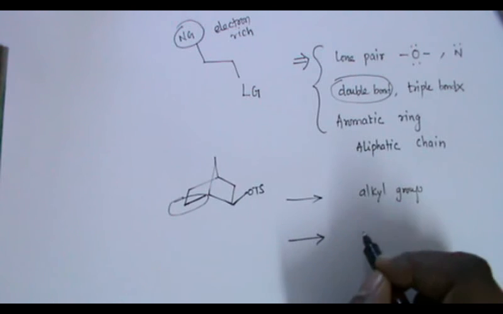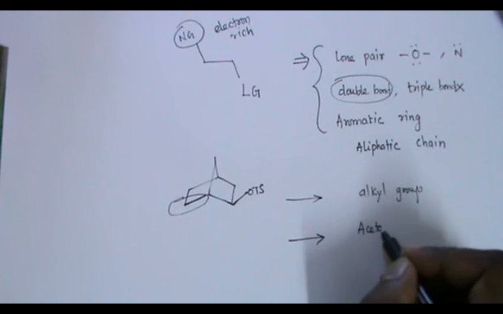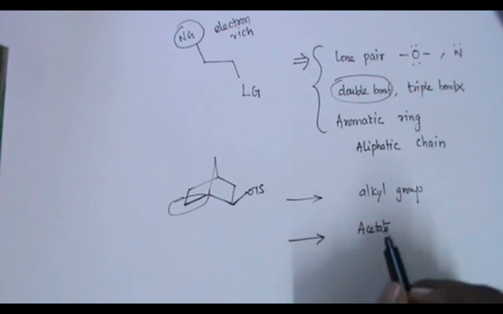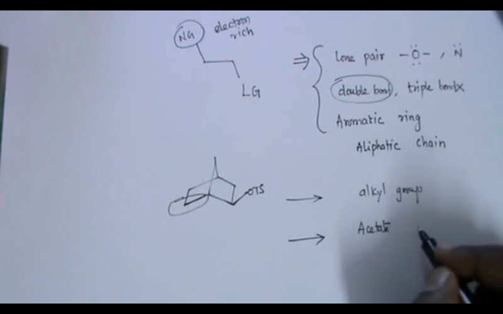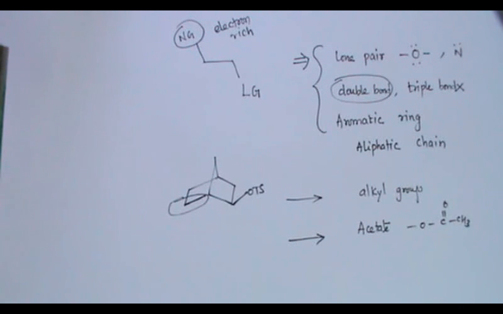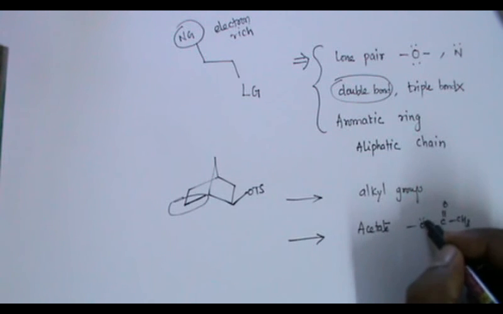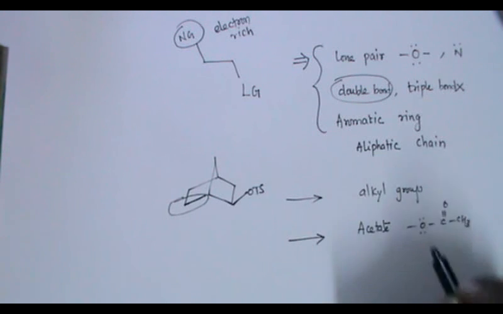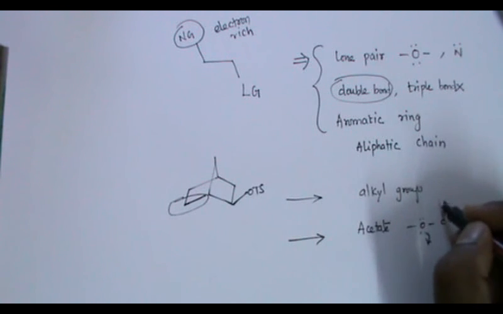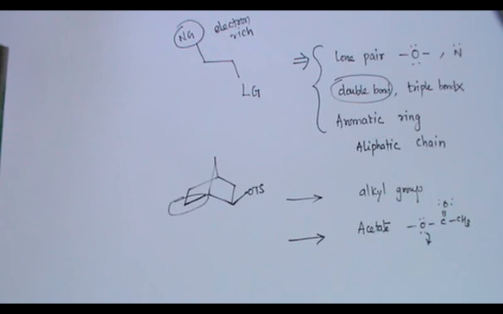The third one is acetate. Acetate can come under this, but this is basically acetate or benzoate. There is an oxygen atom with a lone pair. This may be involved in anchimeric assistance. But not only this, even this oxygen can be involved in anchimeric assistance.